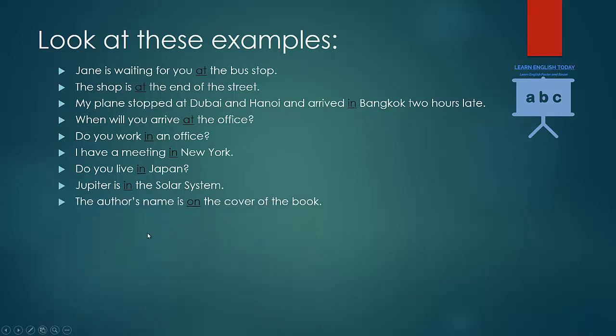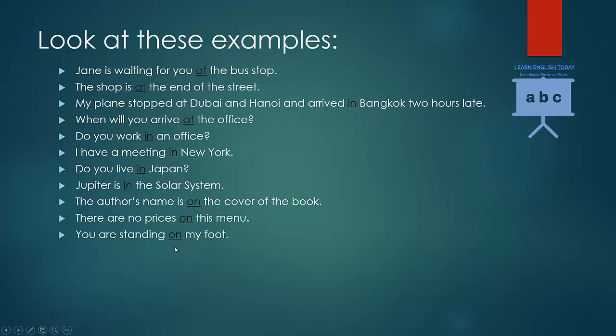And the author's name is on the cover of the book. For surfaces we use on. The next example, there are no prices on this menu. And the last example, you are standing on my foot.